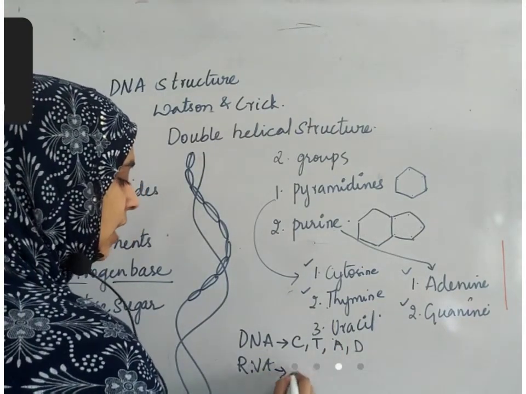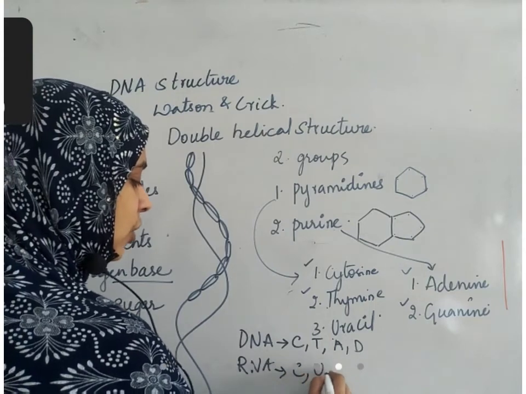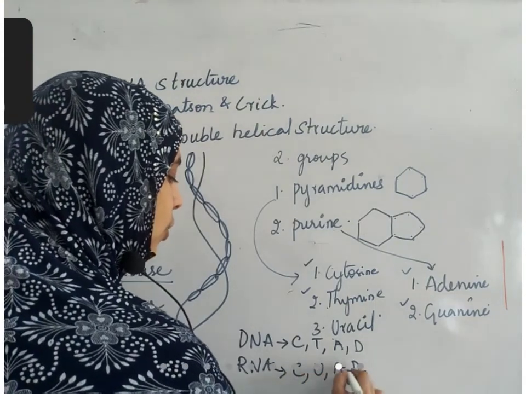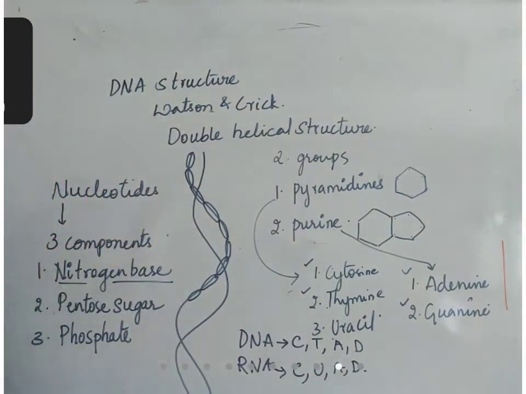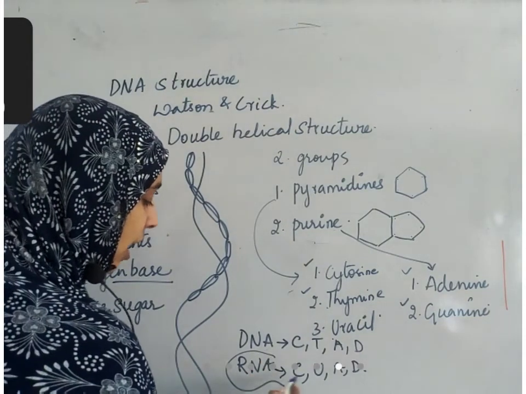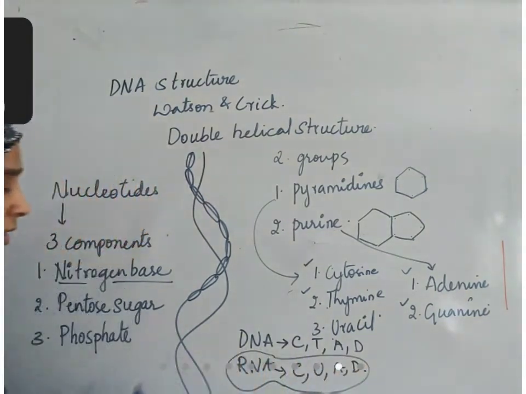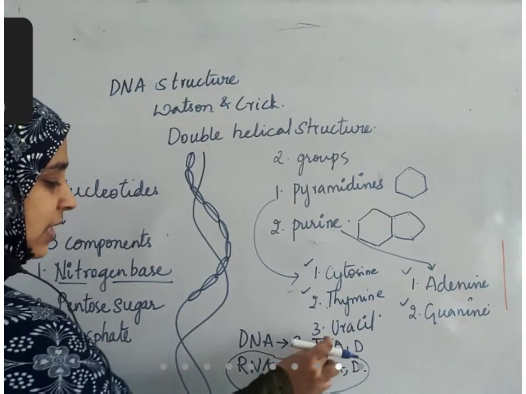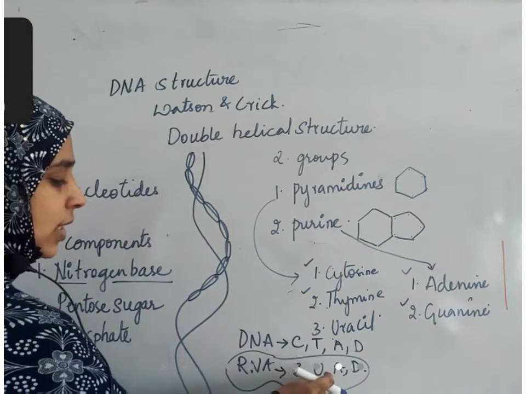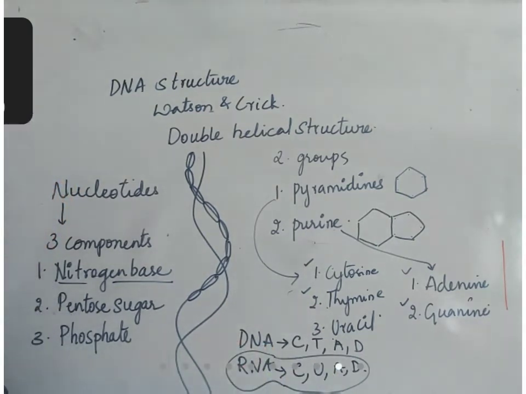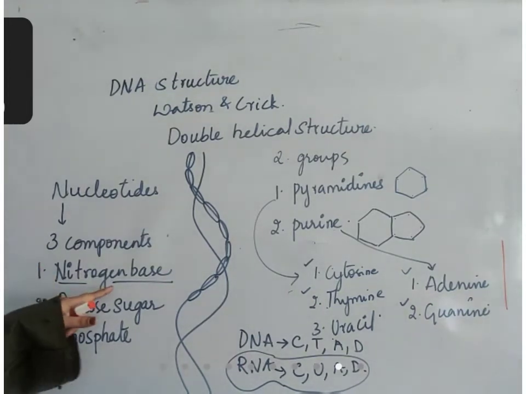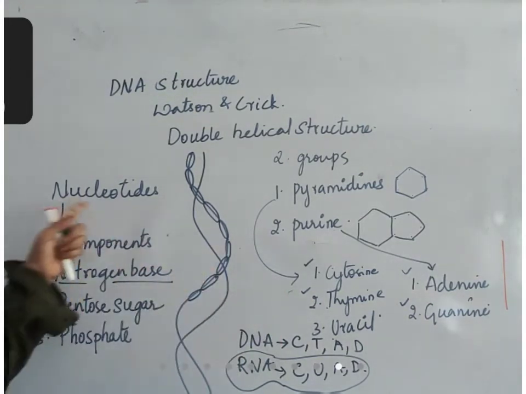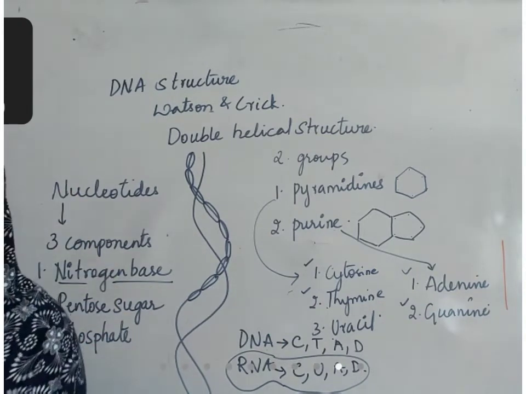In case of an RNA molecule, cytosine, uracil, adenine, guanine. When we study the structure of RNA, I'll tell you the types of RNA at that time. Presently it's important to understand that thymine is absent in RNA, and uracil is absent in DNA. Only one of these nitrogen bases is present in one nucleotide molecule.